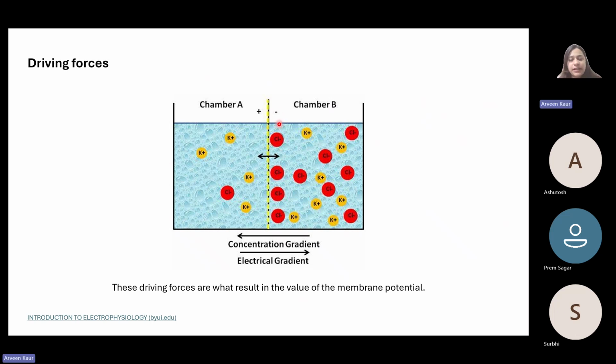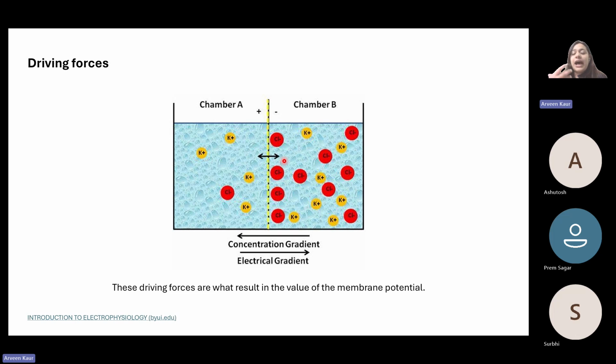But when you look at ions, right? What do you think will be the ion flow from chamber A to chamber B or B to A? So when we talk about the positively charged cations, that is potassium ions, you can see that there are 4 potassium ion molecules in chamber A, but there are around 7 potassium ion molecules in chamber B, right?